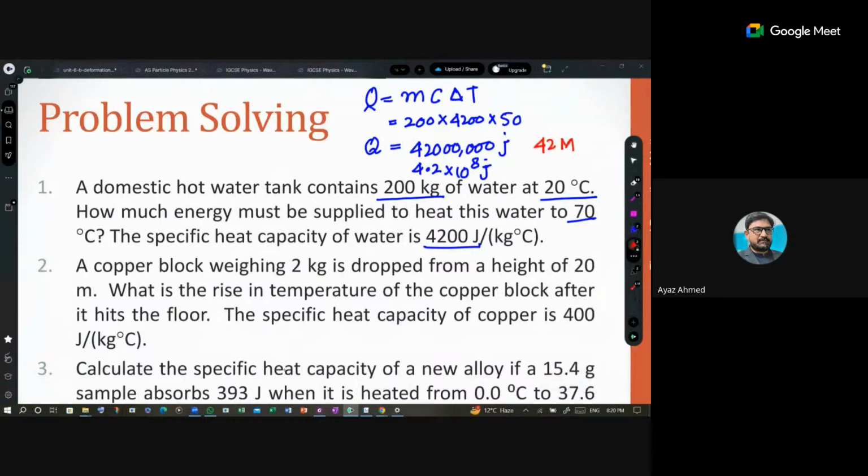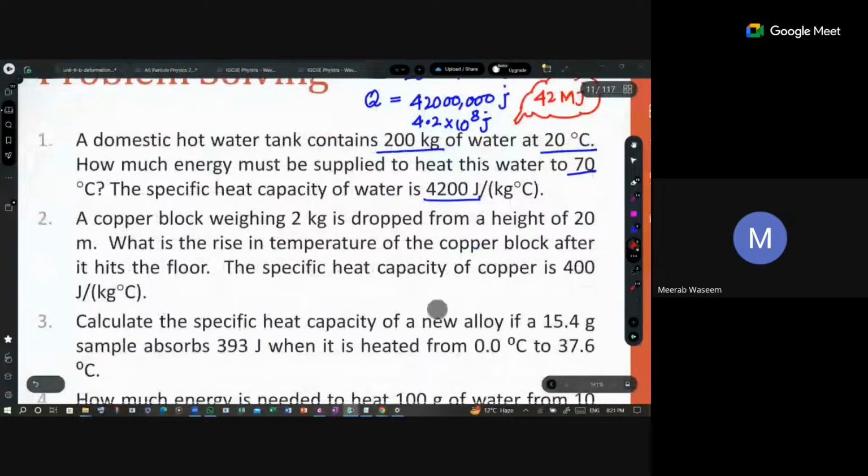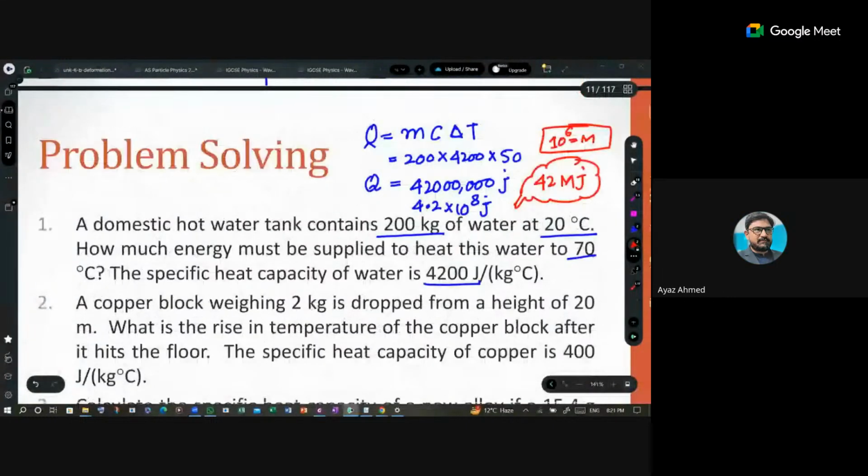How much is mega? 10 to the power 6. Okay, but the power here is 8.